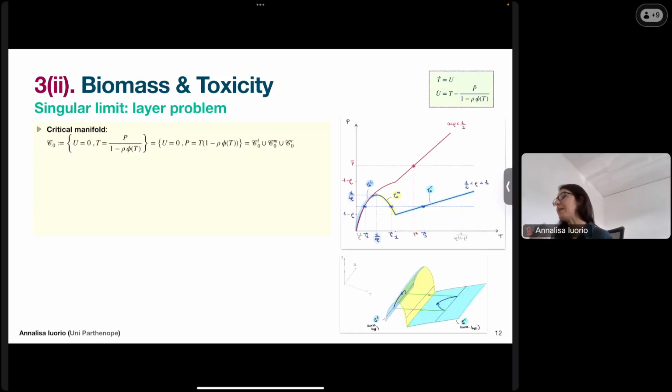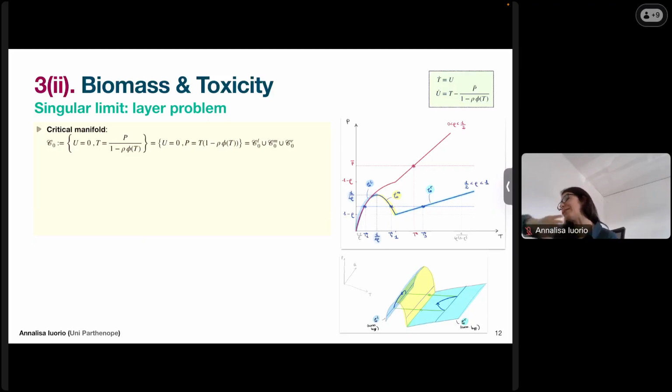And P, in this case, is written with a bar because it's constant for the layer problem. So it's one of these layers that I was mentioning before. And the critical manifold, as I've said, is the manifold of equilibria for the layer problem. So you can see it either in the TP space, so in 2D on the upper picture, or in PTQ space on the lower part.